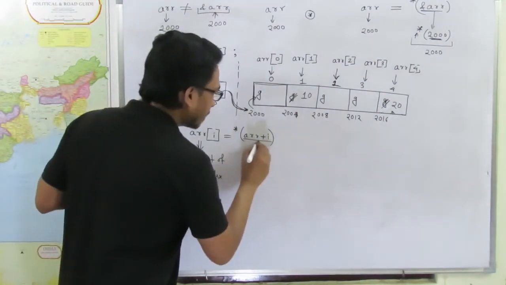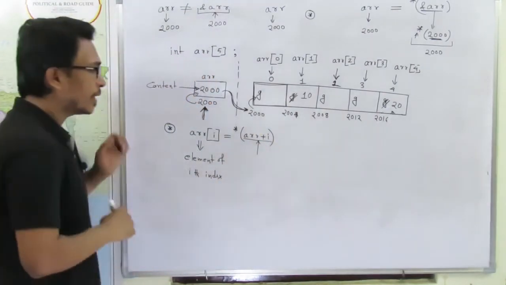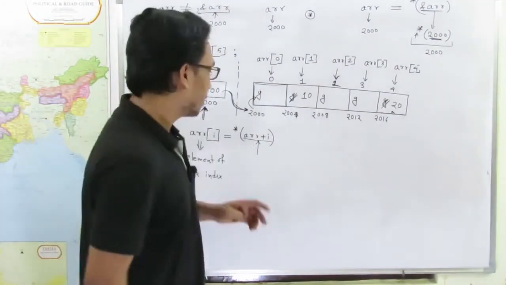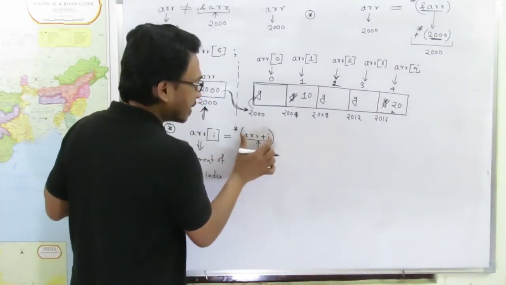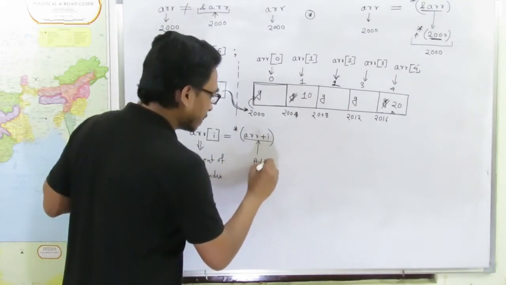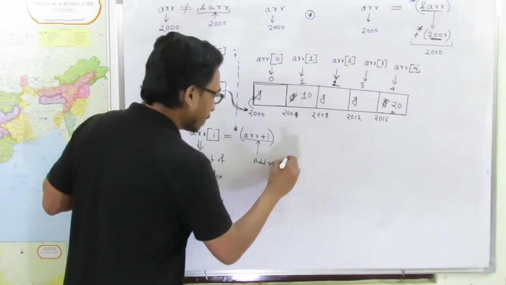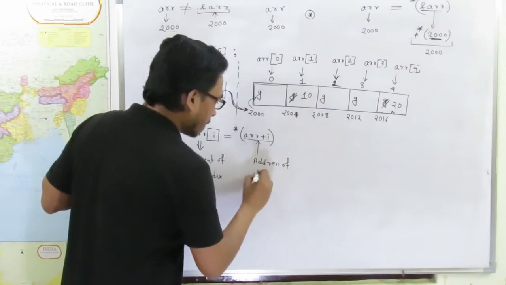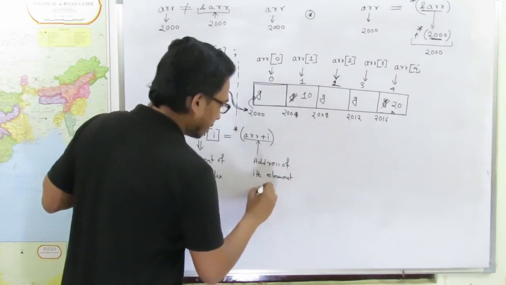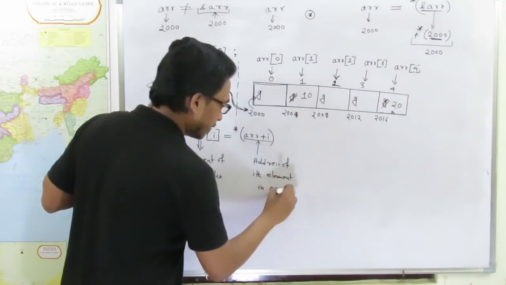What does it mean? This one is the address of the ith element in the array. The instruction given inside this parenthesis gives us the address of the ith element in the array.